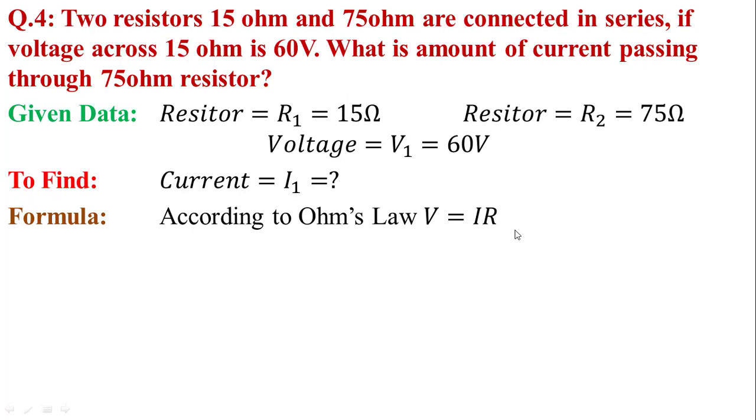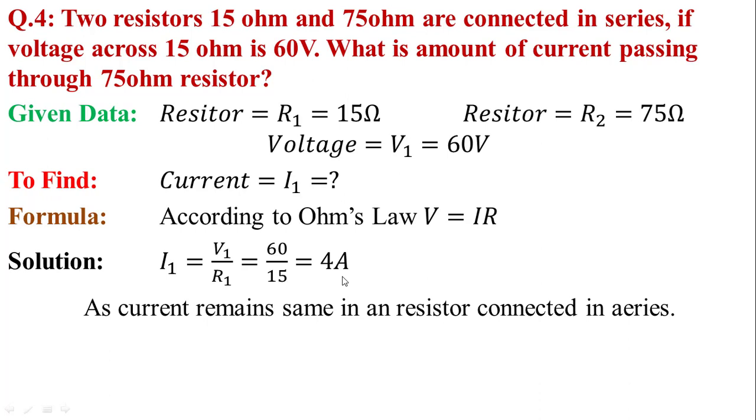Here we can find the current by rearranging. Now I1 is equal to V1 over R1, that is 60 divided by 15, which is equal to 4. So the current in resistor R1 is equal to 4 ampere.